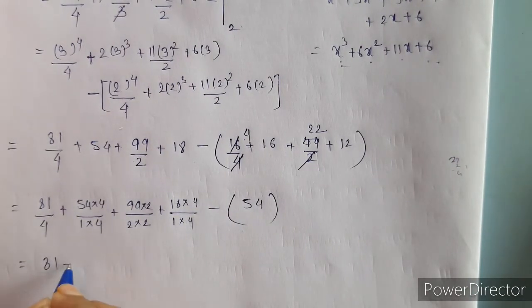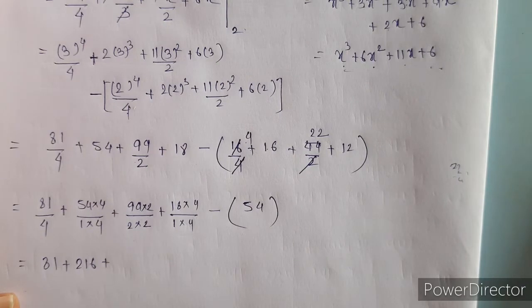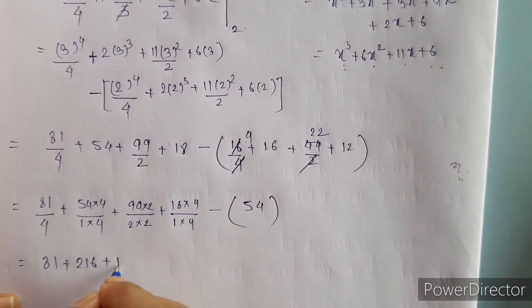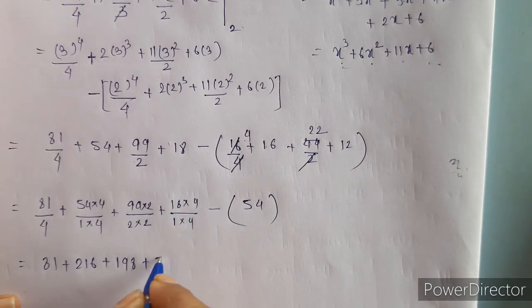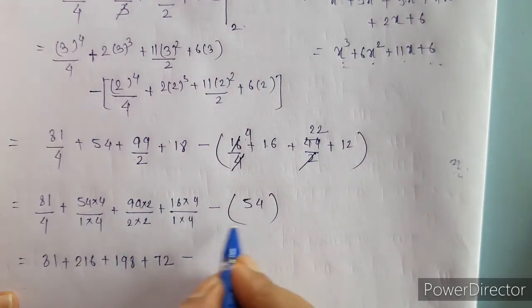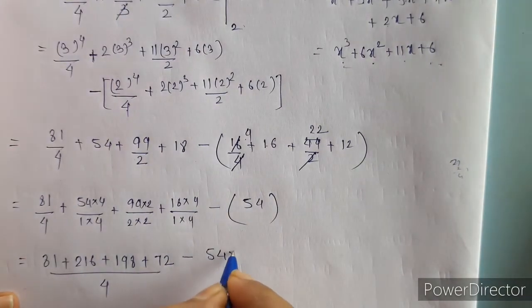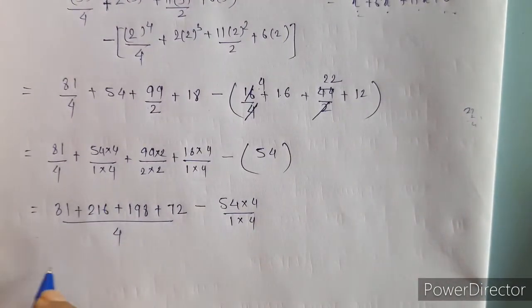So 81 plus 54 into 4, 54 into 4 is 216, plus 99 into 2 it is 198, plus 18 into 4, 18 multiplied by 4 that is 72, minus, this is by 4 and we have here 54. So here also I am multiplying and dividing by 4. So it will be easy for subtraction.